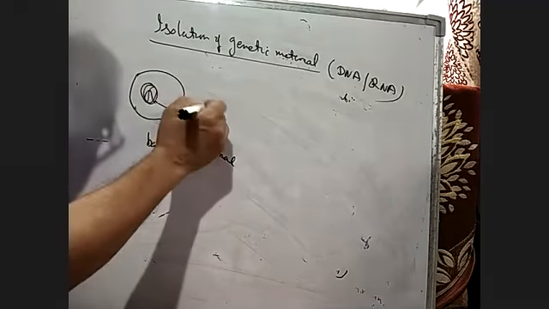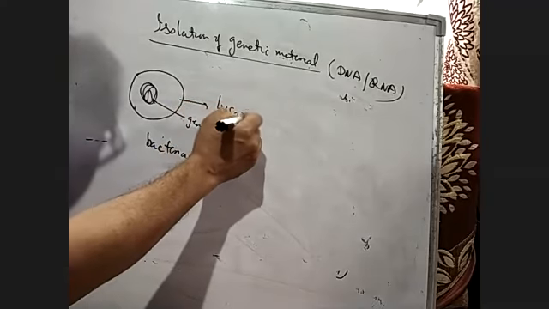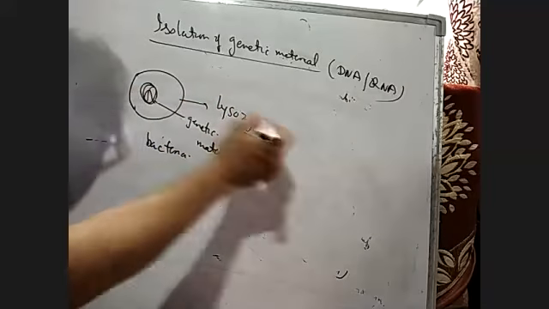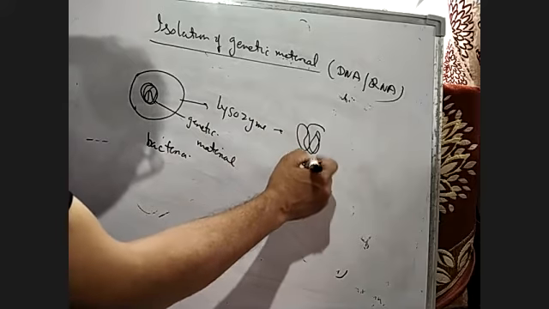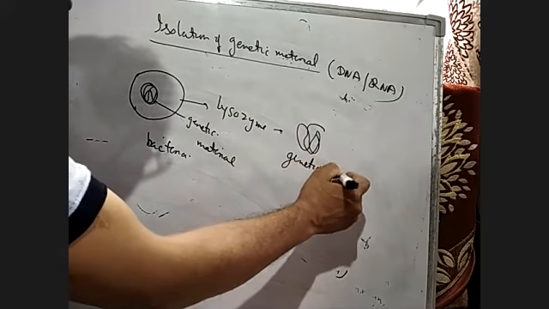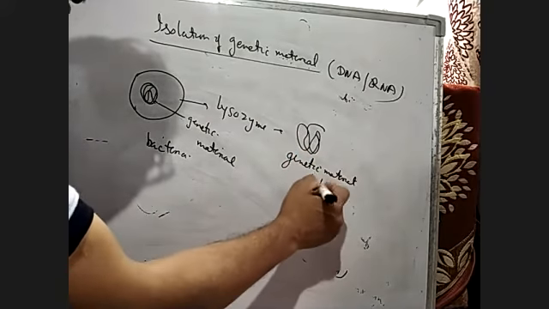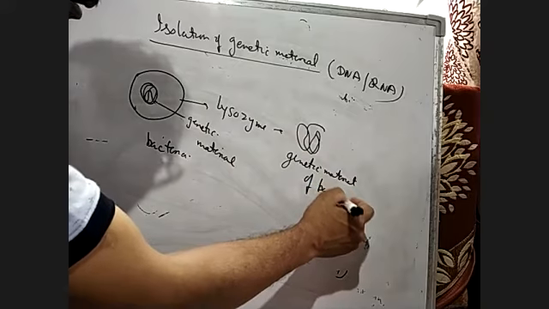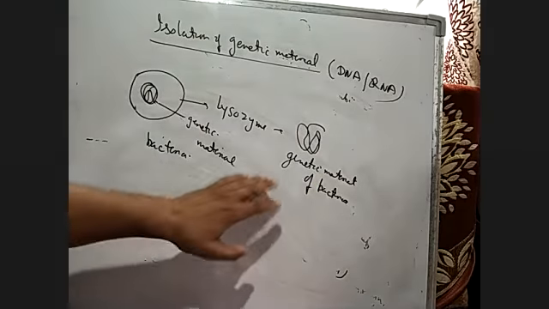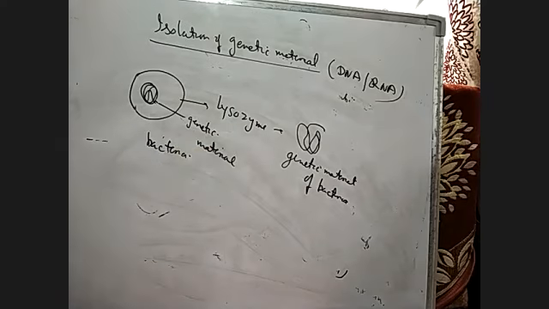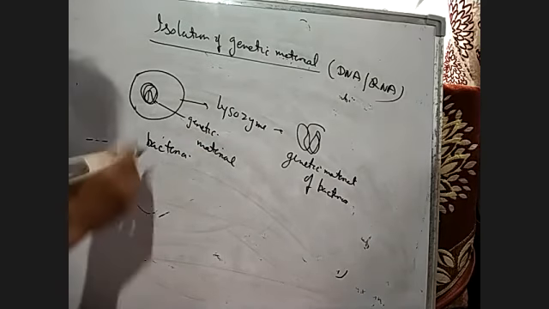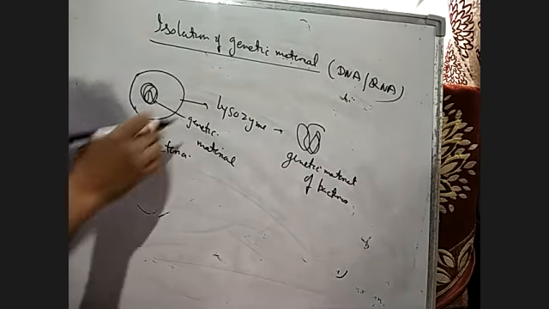By lysozyme, we can take out the genetic material of the bacteria. So we can isolate the genetic material of bacteria by using the enzyme lysozyme. Remember that.